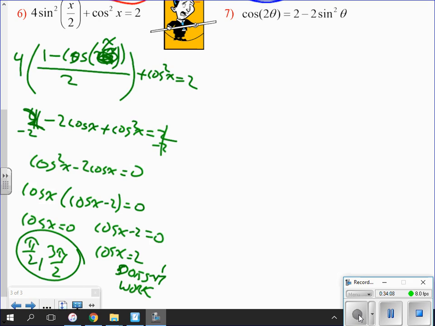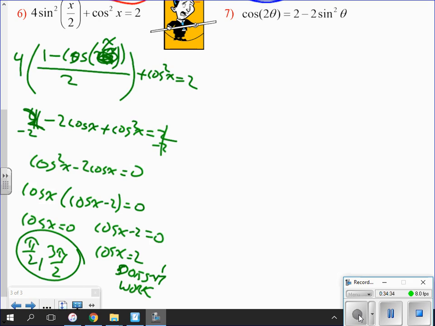Now, so I have the cosine of 2 theta. It's advisable to get the angle measurements the same. So I have theta on one side, 2 theta on the other side. I want to get rid of the 2 theta, which means I'm going to use one of the double angle formulas. For the cosine of 2 theta, we have several choices. More than one choice will eventually give you the same solution.